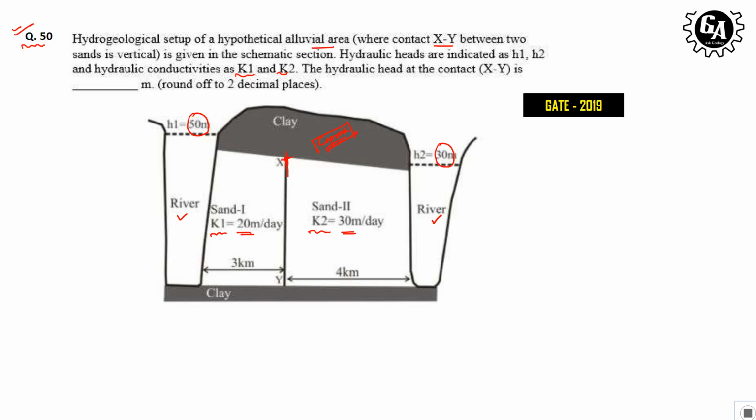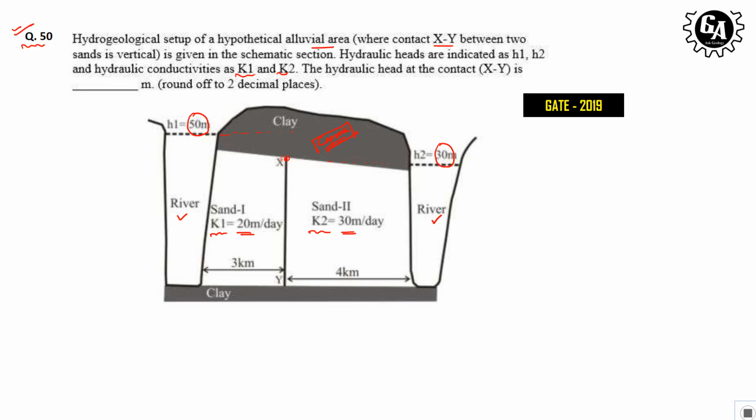So we can take this part to be a separate unit and this part to be another separate unit, isn't it? At this particular XY, at this point, we have to calculate the hydraulic head. Let this height be x, and this is h2.